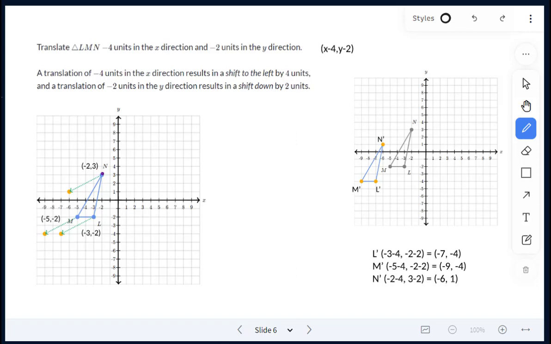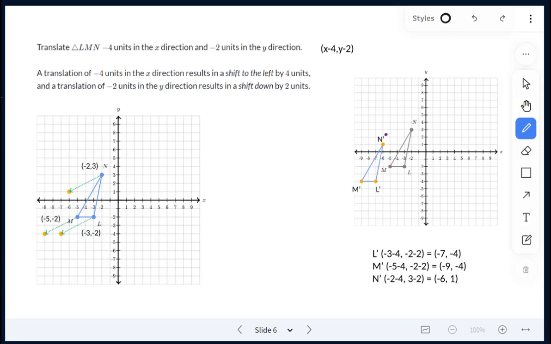So -4 in the x direction, so 1, 2, 3, 4, and then down 2 in the y direction, 1, 2. And our new point is here, and we'll label that N prime. Here's our M, 1, 2, 3, 4, down 2. Our new point is shown here. And same thing for L, 1, 2, 3, 4, and then down 2.